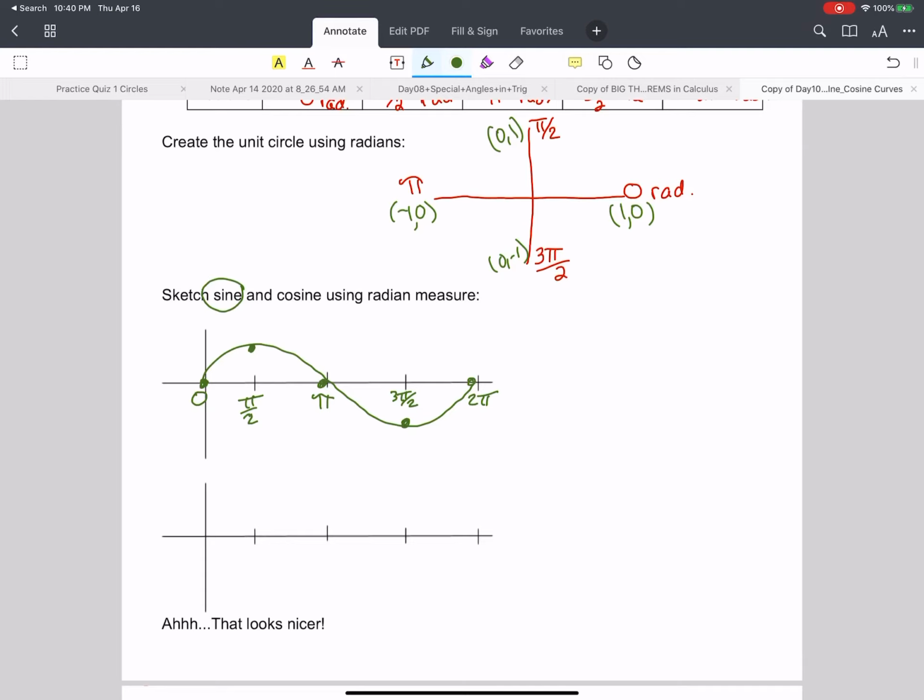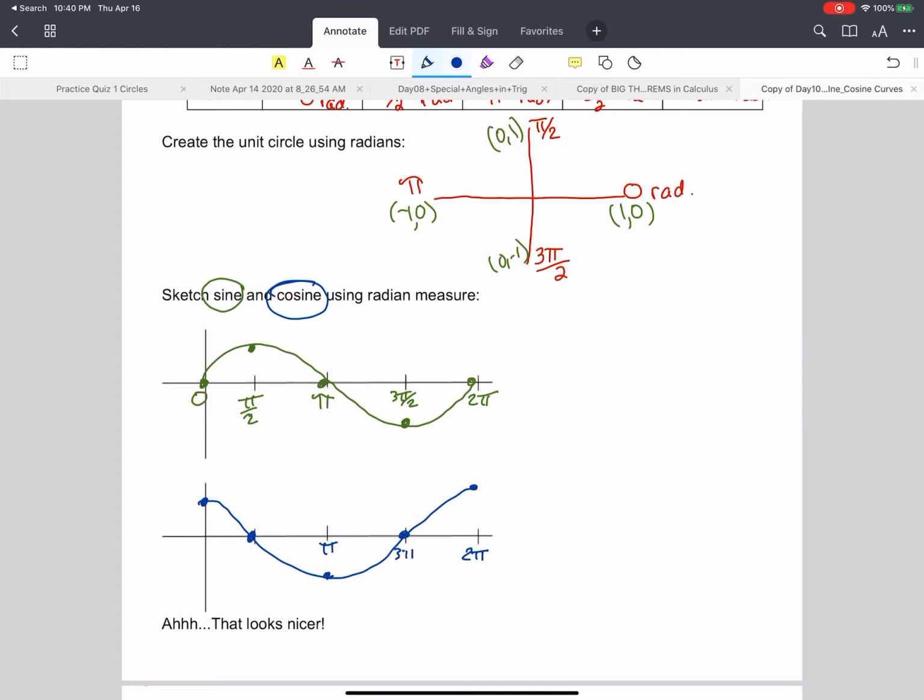Cosine's turn. Cosine starts with max. Max, O, min, O, max. They start and end the same. They have to start and end the same. Don't you forget it. This is 2 pi. One full cycle is 2 pi.